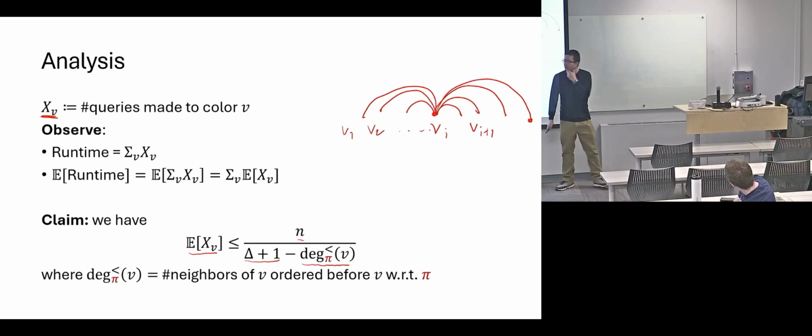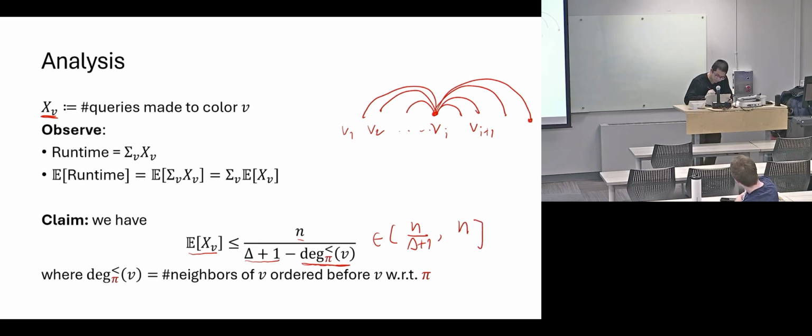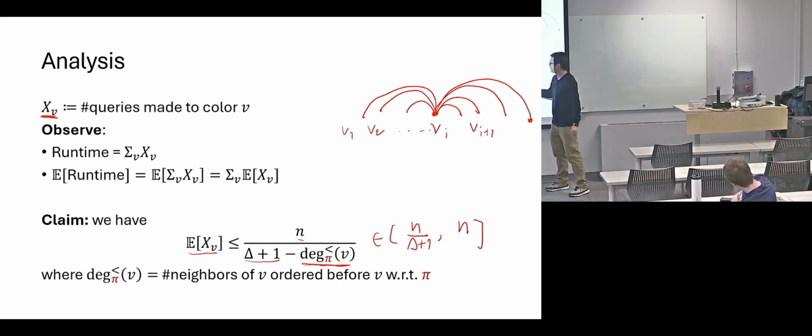So this is basically something that ranges from degree before being 0 up to n. So it's between n over delta and n. If degree before is big, close to delta, then this is n.